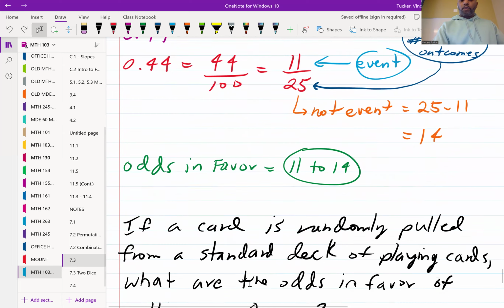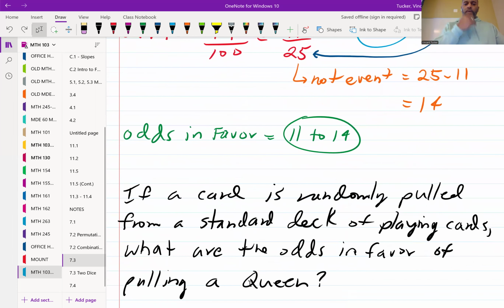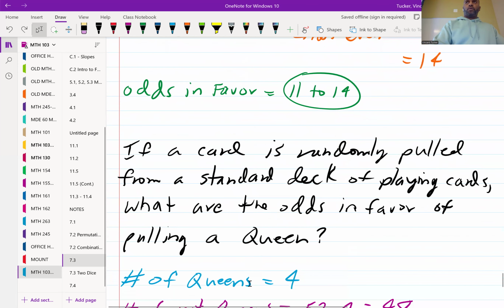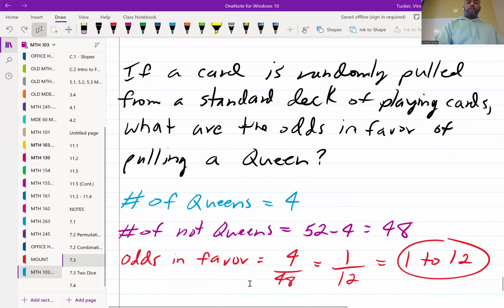And we got at least one more. If a card is randomly pulled from a standard deck of playing cards, what are the odds in favor of pulling a queen? Anybody hold on to that last example? So we know there are 4 queens in the deck.